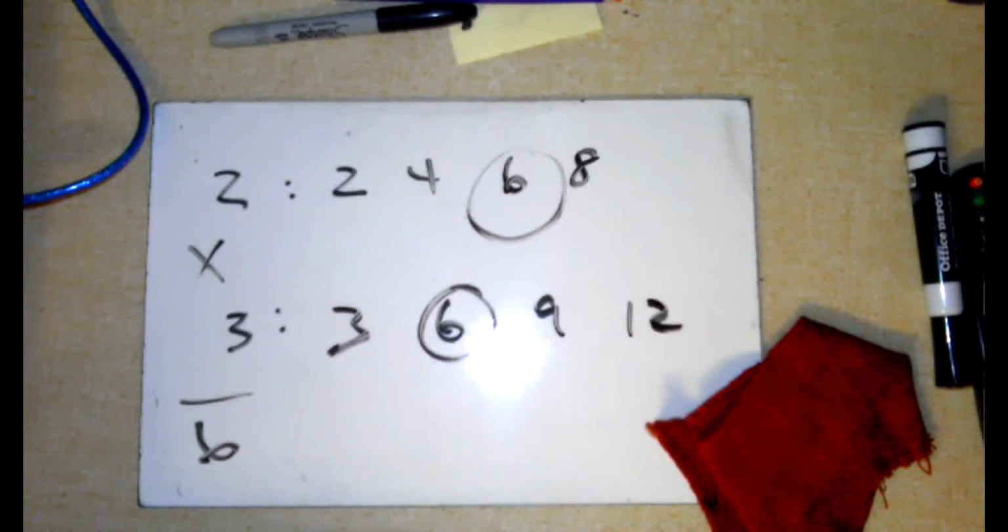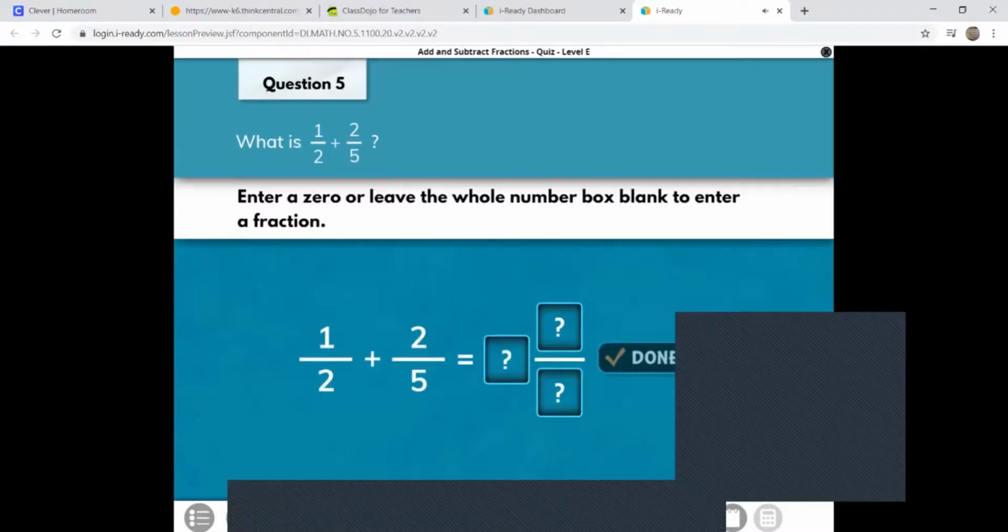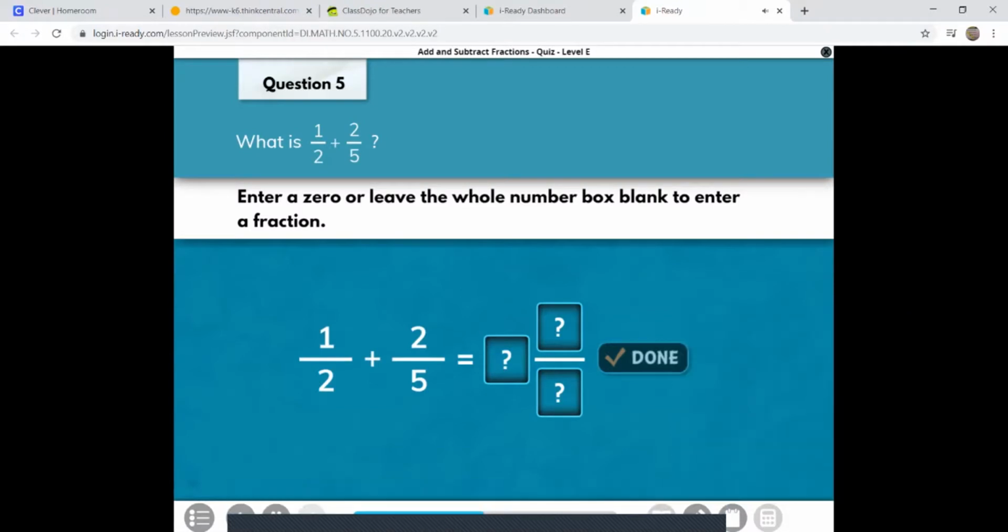All right, let's go on to this one. What is 1/2 plus 2/5? Enter a 0 or leave the whole number box blank to enter a fraction. 1/2 plus 2/5. Okay, so same thing. We need to find a common denominator.